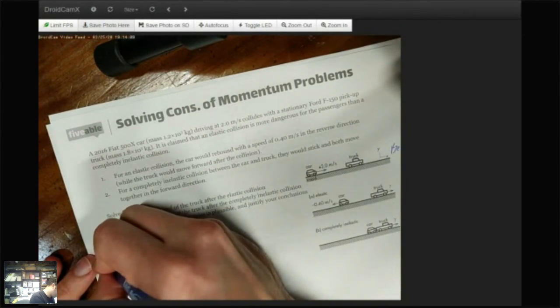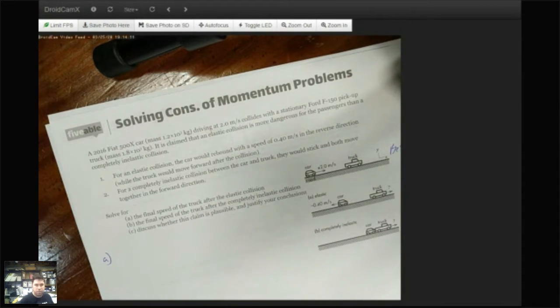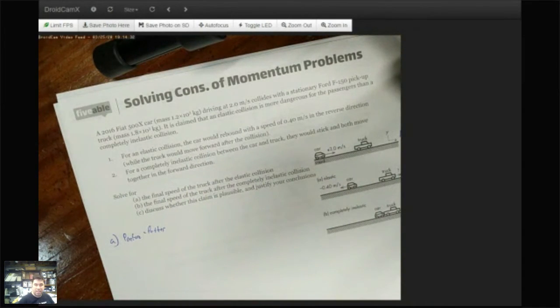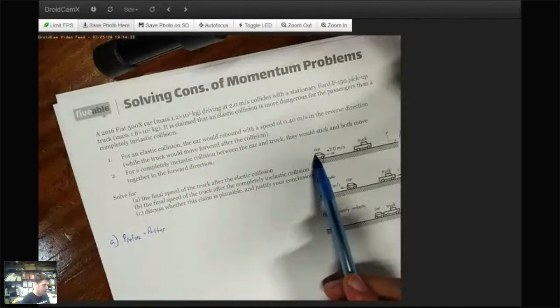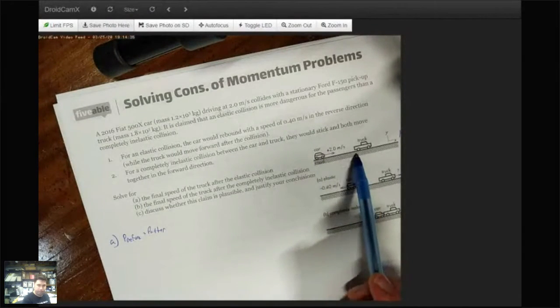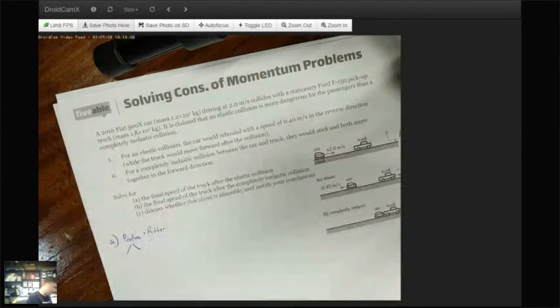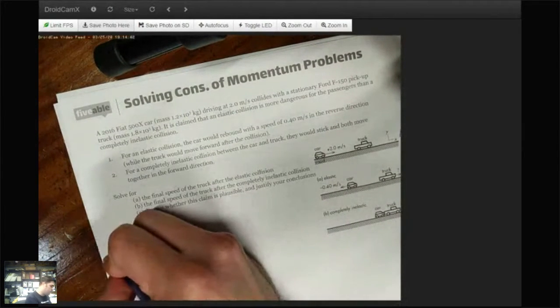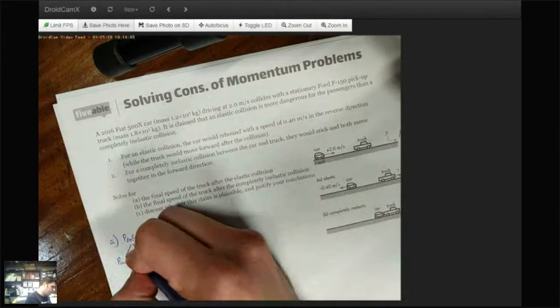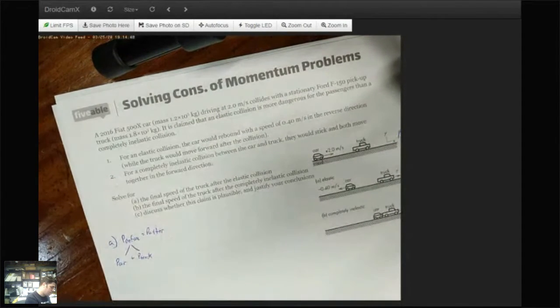So let's look at part A to begin with here. So beforehand, how many objects do I have that I care about? In this case, I have two of them. I've got the car and I've got the truck. And that means I can branch out this P before statement to say I'm really talking about the momentum of the car plus the momentum of the truck beforehand.